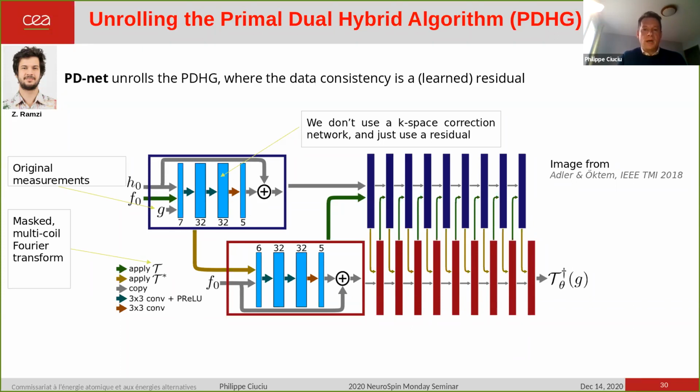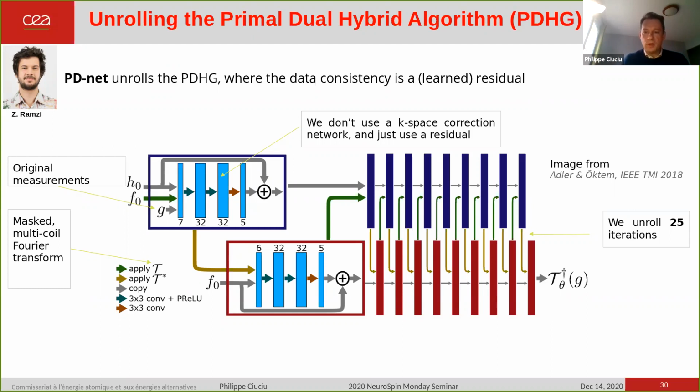The reason is that, at first glance, it may seem natural to apply some convolutional operation in the k-space domain, because convolution is supposed to operate a local transformation, but if you apply a convolution in the k-space domain, then it has an impact on the global image space. So that's why we decided to restrict ourselves to a convolutional neural network in the image domain.